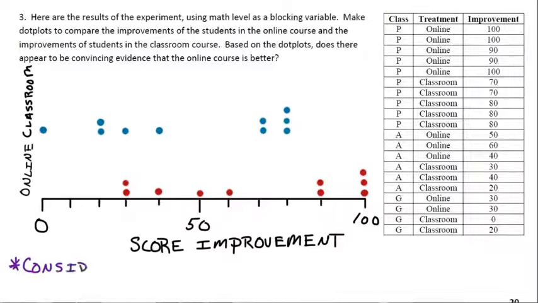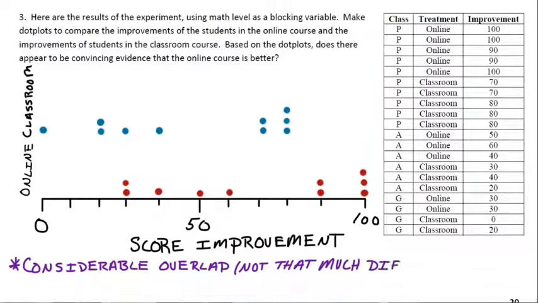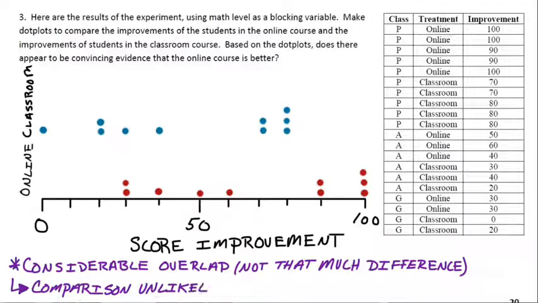So there's a considerable amount of overlap, which means this doesn't show that there's a lot of difference. So the comparison's unlikely to be statistically significant.